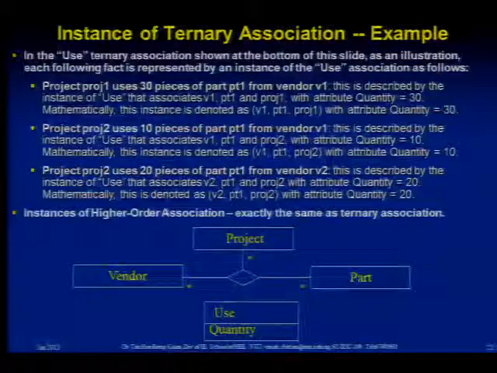Mathematically we can use this tuple to represent it: vendor 1, part 1, project 2. Since we use a tuple, the order is not important. You can put project 2 first, then part 1, vendor 1, instead of V1 first. That is exactly the same.